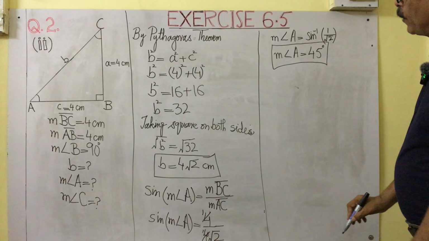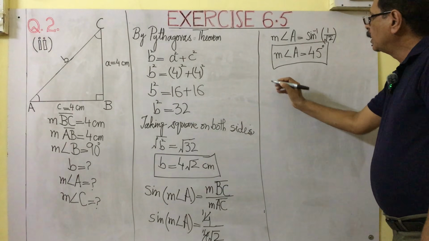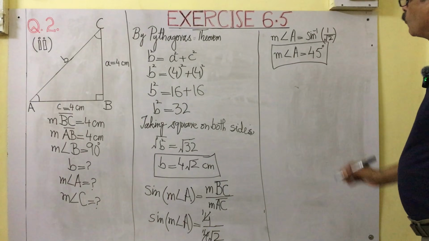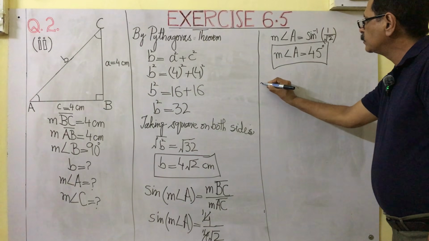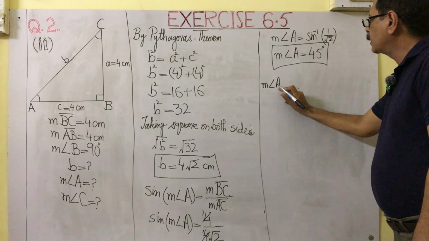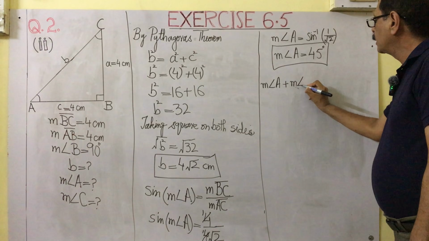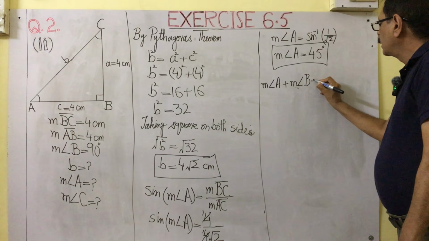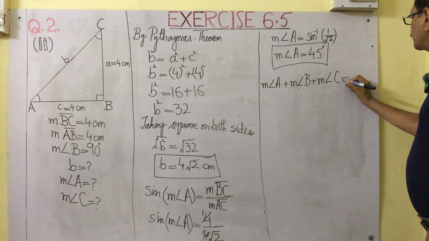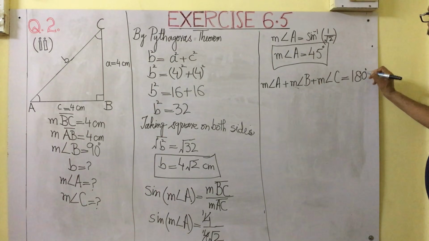Lastly, we are going to find out angle C. Sum of three interior angles of a triangle is equal to 180 degrees. Angle A plus angle B plus angle C is equal to 180 degrees.